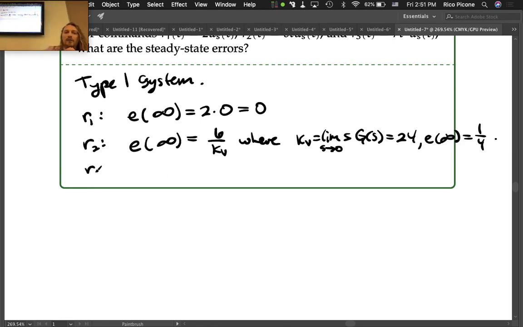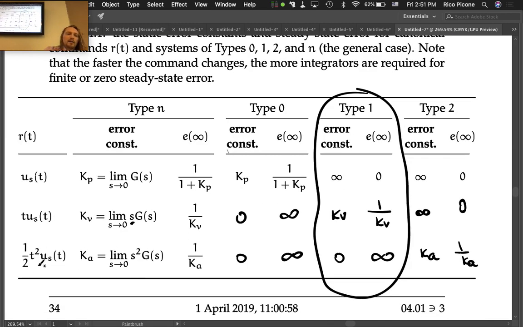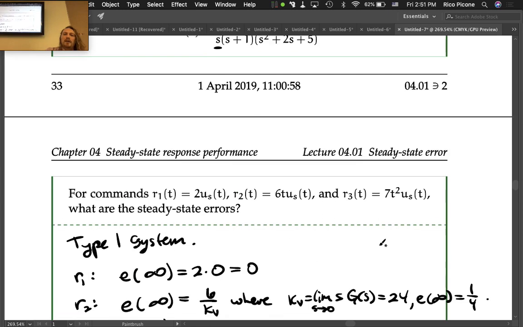Good. R3 is going to be e of infinity equals, now this one's got a scaling, you got to be a little careful with this one because this one has a 1/2 out here, right? So 1/2, if you compare it to this one, 7, you multiply 1/2 by 14, right, to get 7.